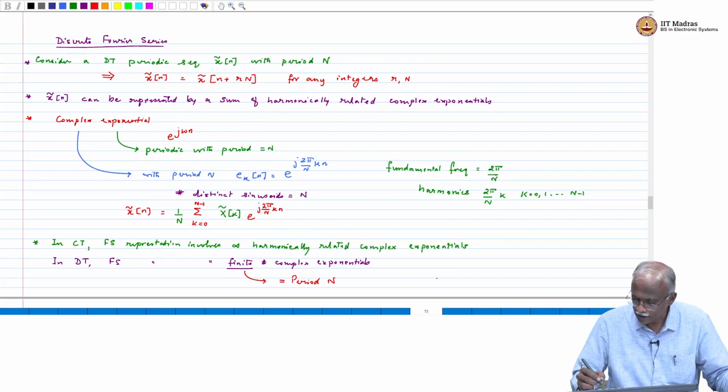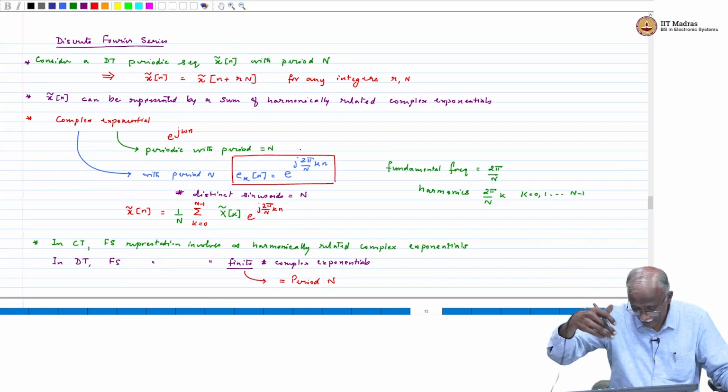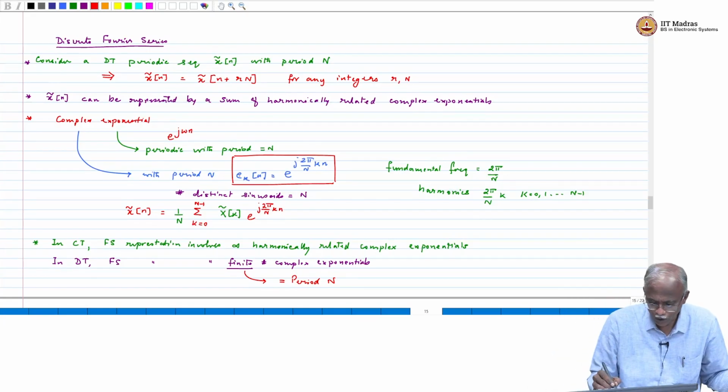And this particular notation that we have introduced, e power j 2 pi by N times k times n, will be a complex exponential. The short form is e subscript k of n. This is the kth harmonic; k stands for the kth harmonic.